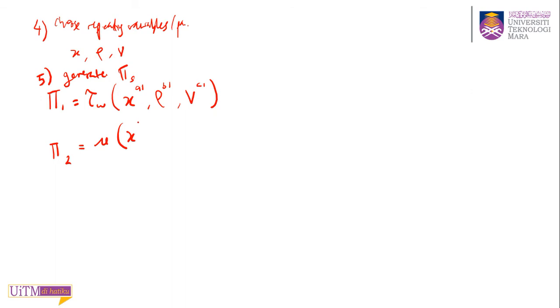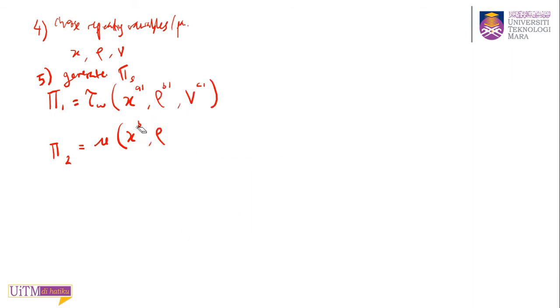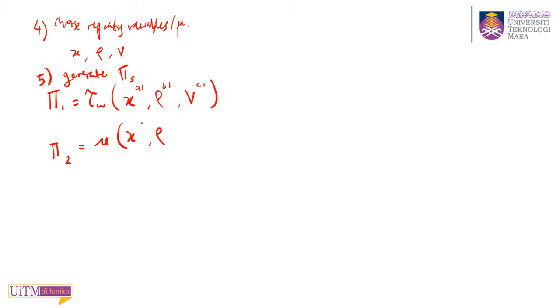So x a2, for the second pi, rho b2 and v, the velocity, c2.